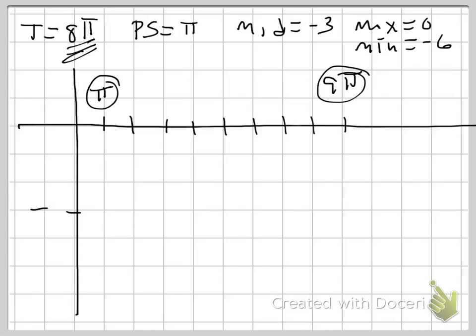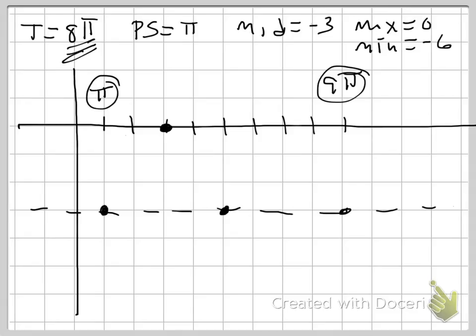Now, I like to come in and mark the midline, and I know that I'm going to start here and I'm going to end there. And I know that halfway through, because it's a sine function, I'm going to be crossing the midline again. Now, because it's a positive sine function, I know that 1/4 of the way through I'm going to be reaching my maximum value.